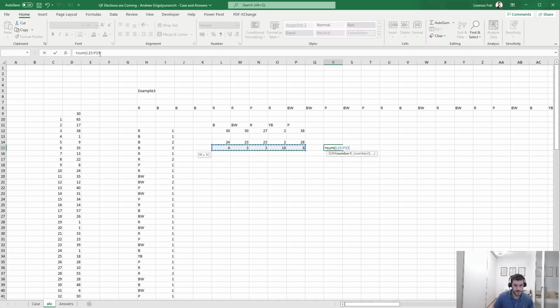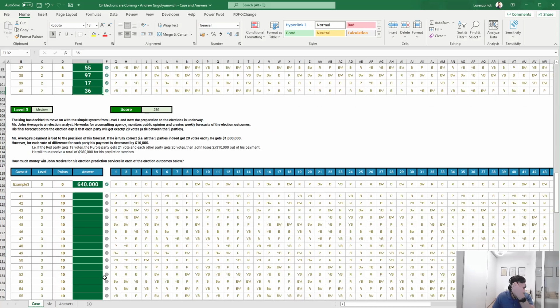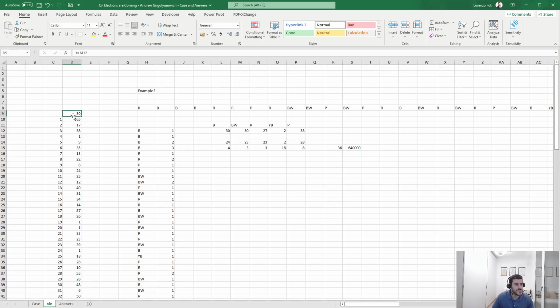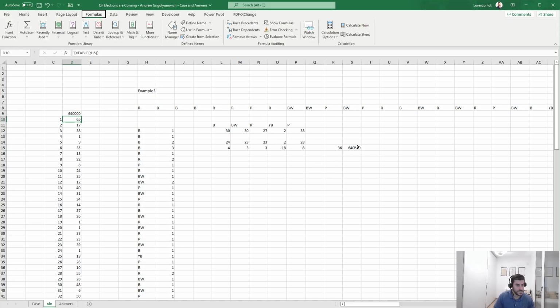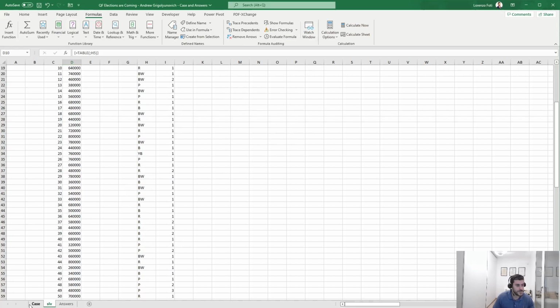Sum of this, and then it will be 1 million minus 10,000 times the errors. I remember, yes. Is it 10,000? Yes. So 640,000. This, 41 to 60.